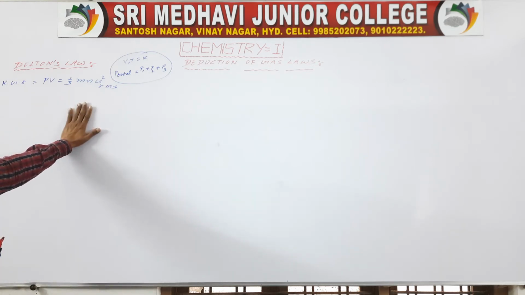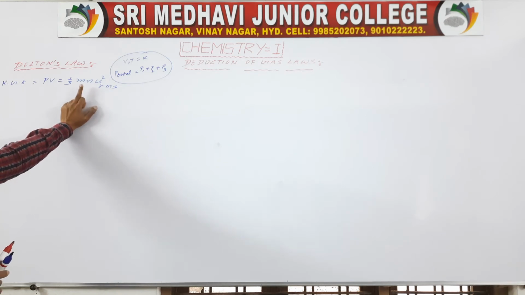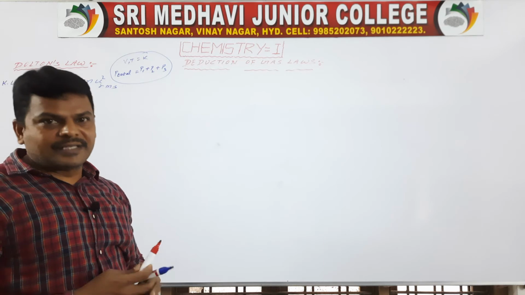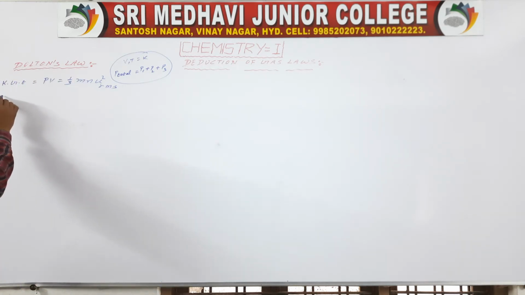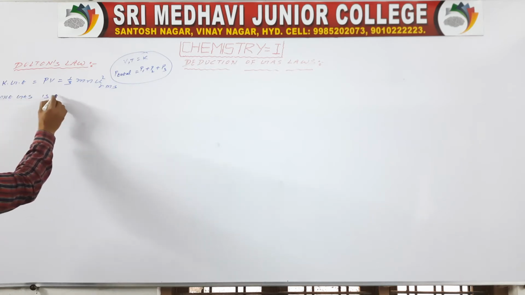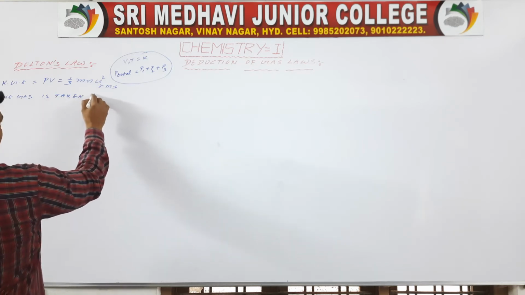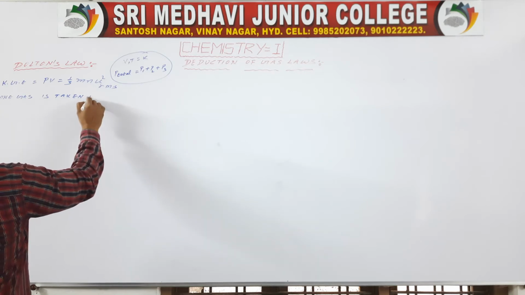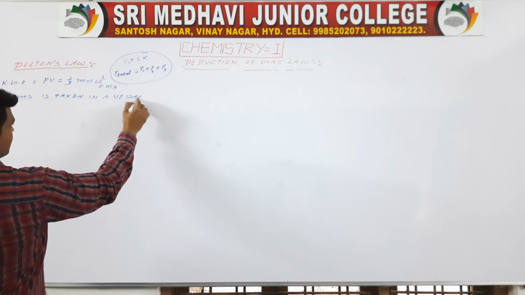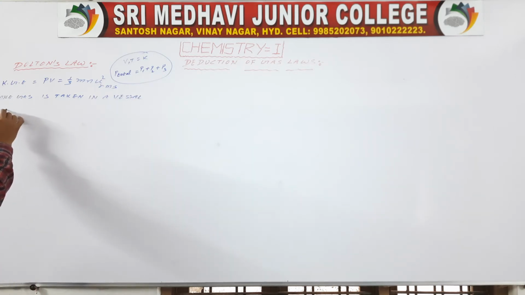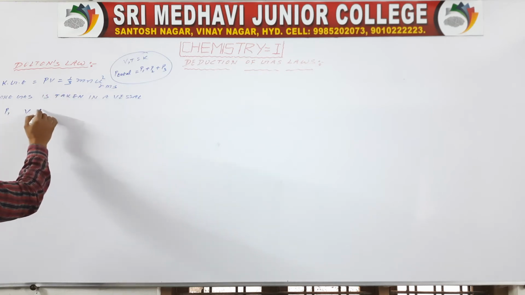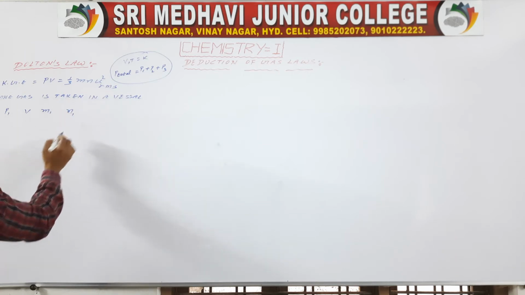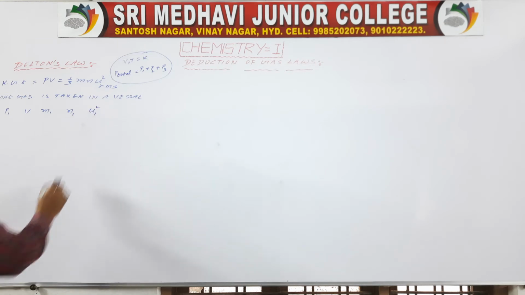One gas is taken in a vessel, with pressure P1, volume V with no change, mass of one molecule m1, number of molecules n1, and u1 is the speed of the molecules.